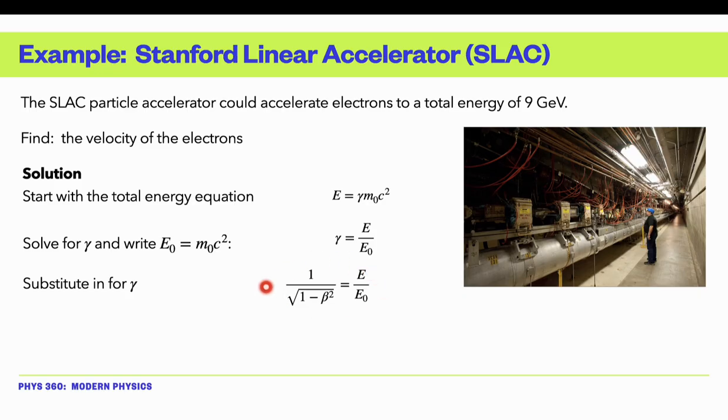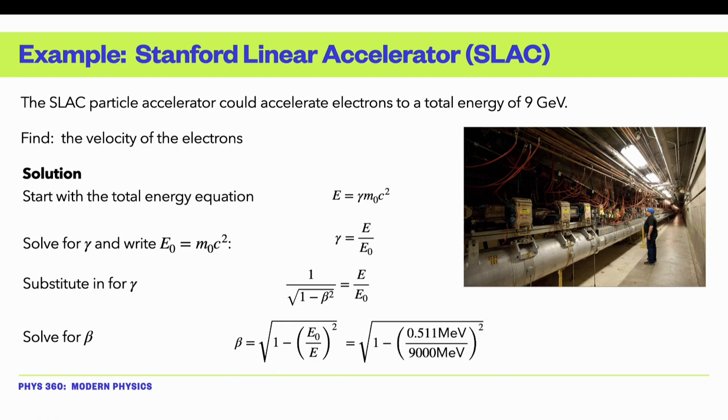We're still going to keep it in this form though and plug in the values at the end. We want to solve for beta. So just cross multiply, square both sides, subtract from 1. You get this. Now you can plug in for E naught over E. E naught is 0.511 MeV, and E was 9 giga electron volts, which is the same as 9,000 mega electron volts.